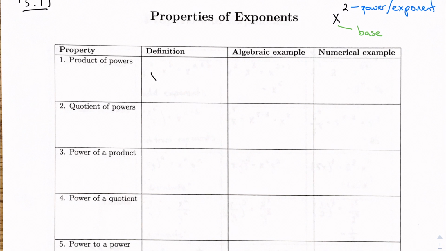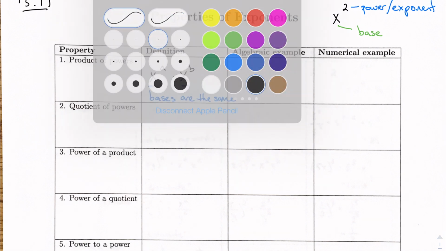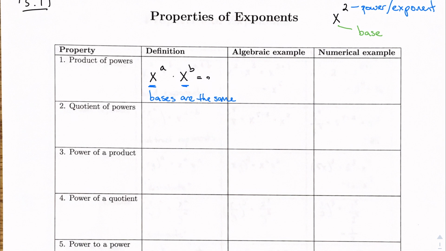So my product of powers, right, if I've got two bases that I'm multiplying together, and they've both been raised to an exponent. And what's important here is that their bases are the same. In this case, all I'm going to do is add the powers together.